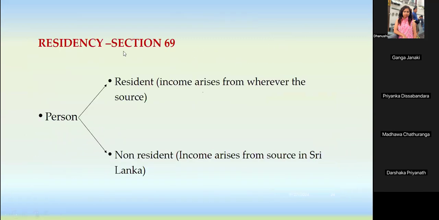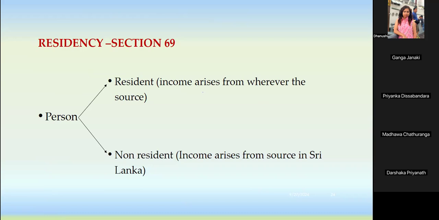So, resident person means a person who resides in Sri Lanka, and that is the most common determination. And for the resident person, we consider the income they receive from the world. Their world income should be considered for the taxation of Sri Lanka.